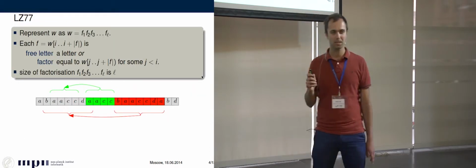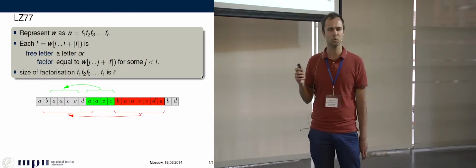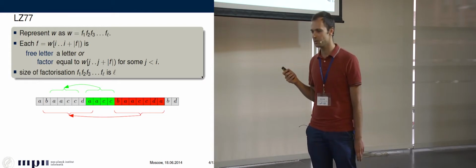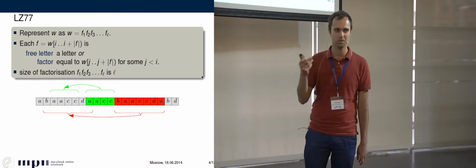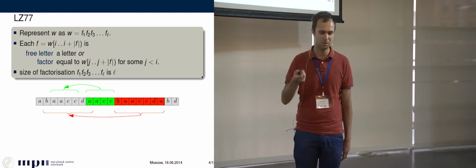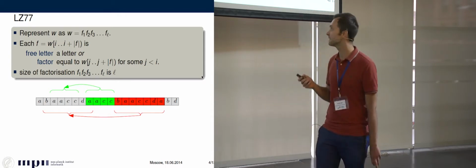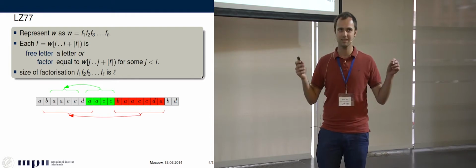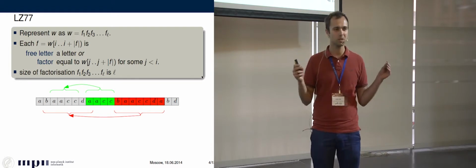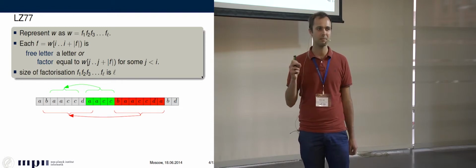Okay, so I've told you that there is some relation to block compression, so probably all of you know what LZ77 is, but since this is broadcasted, also for the people who actually watch it: LZ77 is a compression standard which represents the word as a concatenation of some fragments.